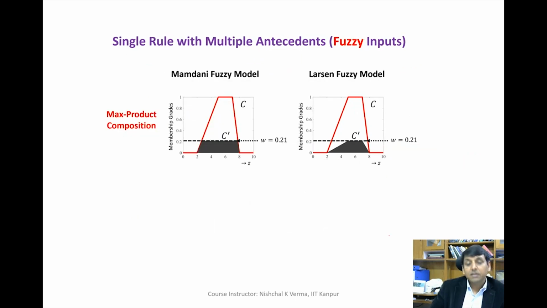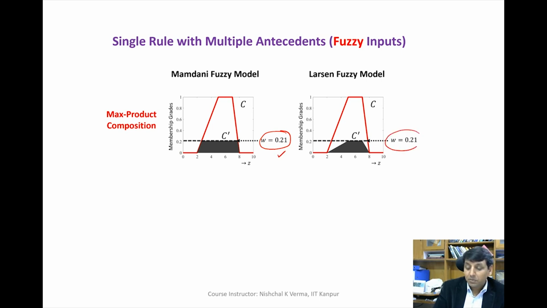Now let us compare the Larsen fuzzy model output with the Mamdani fuzzy model, and we can clearly see the difference here. The firing strength of the rule, or the weight, is the same in both the cases.